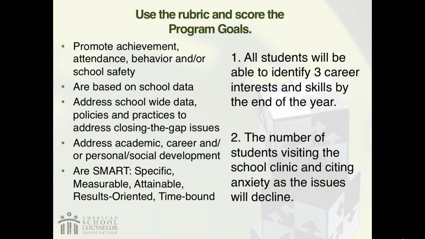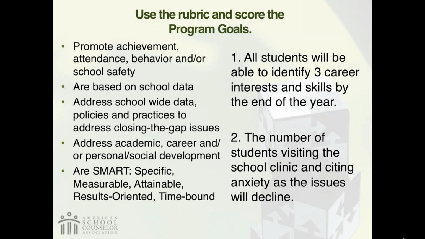I'm also going to talk about the results-oriented piece. That first goal, where you're identifying 3 career interests and skills, I would challenge you to tell me, is that related to achievement, attendance, behavior? Well, it's related to career. I could certainly come up with a rationale for how knowing career interest can impact a student's achievement, attendance, and behavior, because those with clearly articulated career goals are probably going to have better achievement, attendance, and behavior.